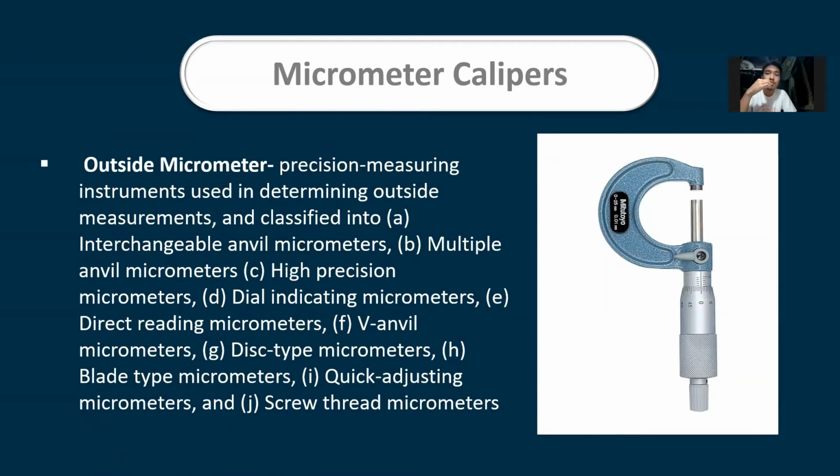For outside micrometer, so basically ito ay micrometer na nagme-measure ng outside diameter. So marami siyang types which are interchangeable anvil micrometers, multiple anvil micrometers, high precision, and marami pang iba.